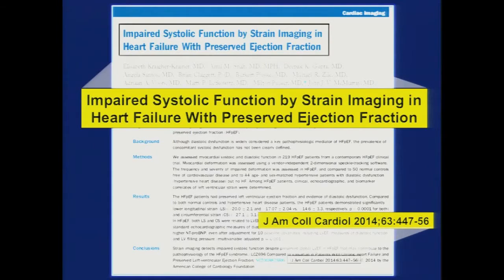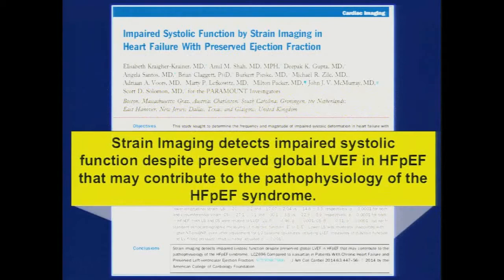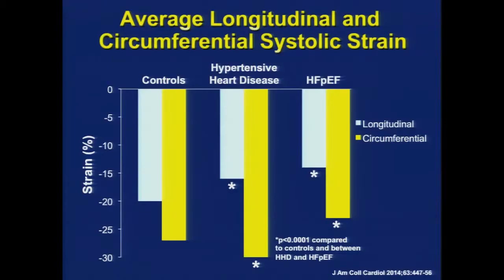Here we see individuals with the phenotype of heart failure and a preserved ejection fraction. And you see that myocardial imaging can show abnormalities before a global reduction in ejection fraction in these individuals with this phenotype of heart failure preserved ejection fraction.